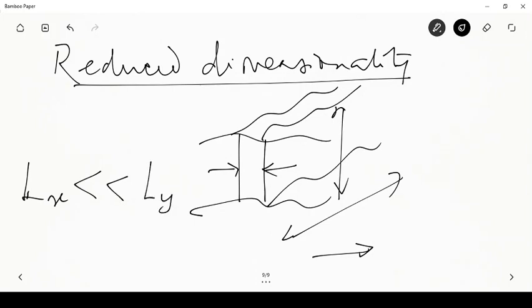So if you look at the wall between two rooms, the variation in temperature along this direction as well as along this direction would be much smaller as compared to the variation across the thickness. For example, if a classroom is maintained at 25 degrees Celsius and outdoor is at 30 degrees Celsius, then this entire wall of the classroom would be facing 25 degrees Celsius.